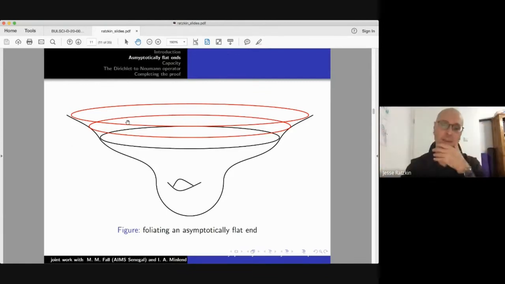Now, you have to be a little bit careful about how you do this, because you can imagine that these rings become more and more eccentric, that one side of the ring grows much faster than the other side. So you want to do this in a way that you have some control.